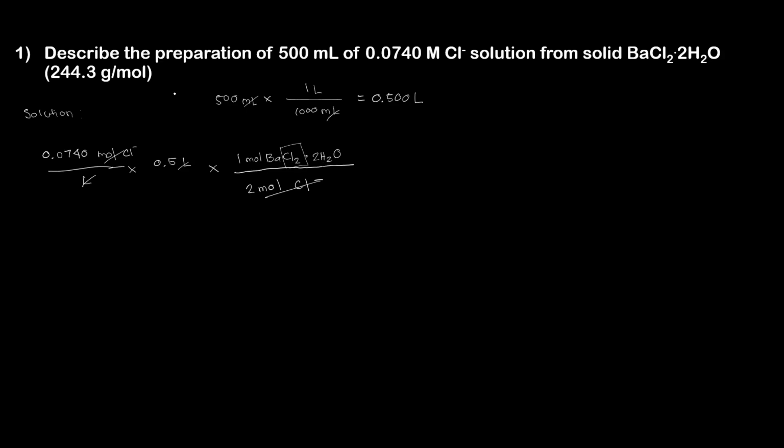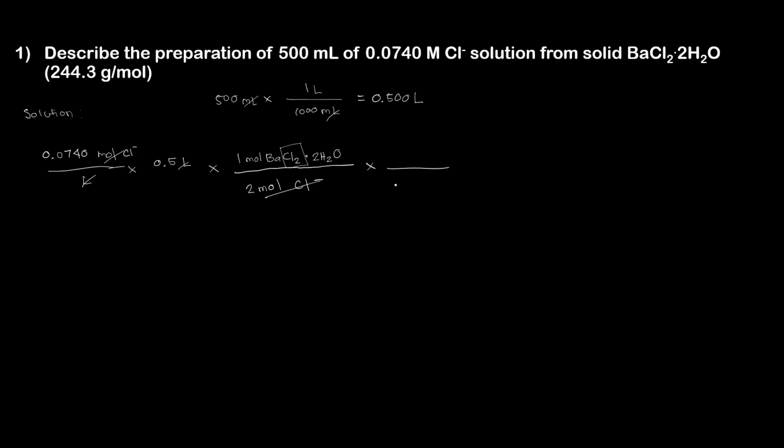Now we want to know how to prepare this solution. We want to know the mass of BaCl₂·2H2O needed. Thus, let's use the molar mass given to get the gram unit.